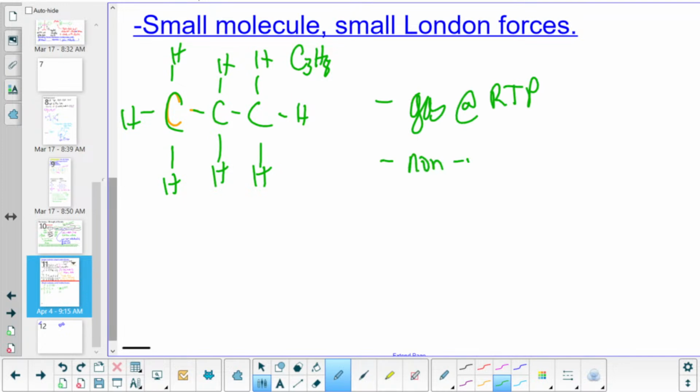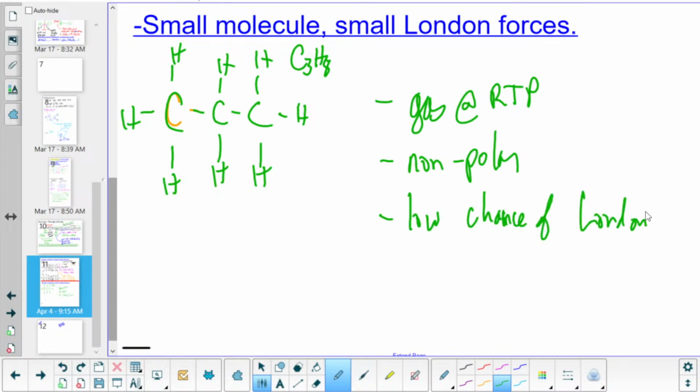It is non-polar, so unlike the previous one, it is not a solid. Low chance of London forces, because we've only had this limited area for them to appear, and we don't have the whole chain anymore. We just got 3 carbons. So it's very short, and we use it in summer parties. Propane. It's propane.